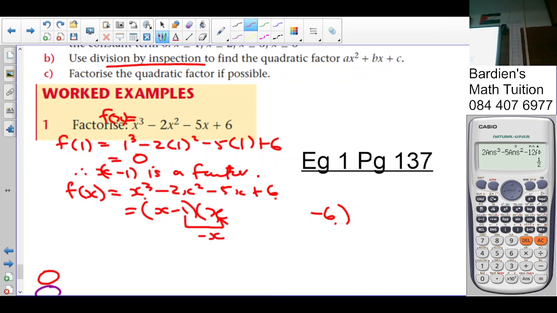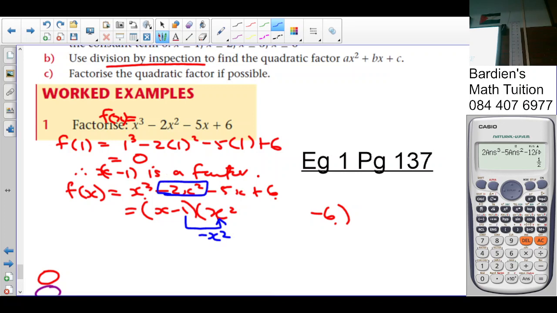You all agree with that? But what do I need? Yes, no x squared, thank you. So negative 1 times x squared is negative x squared. We are looking for negative 2x squared.